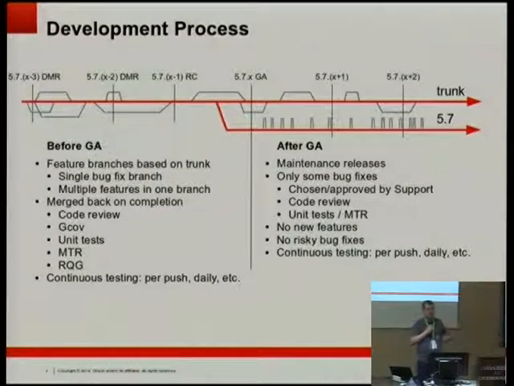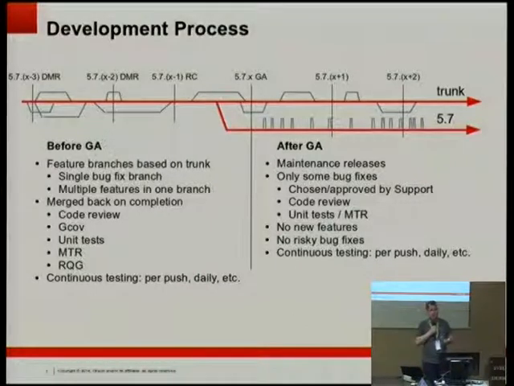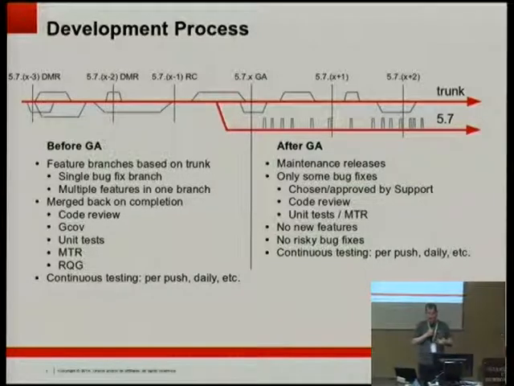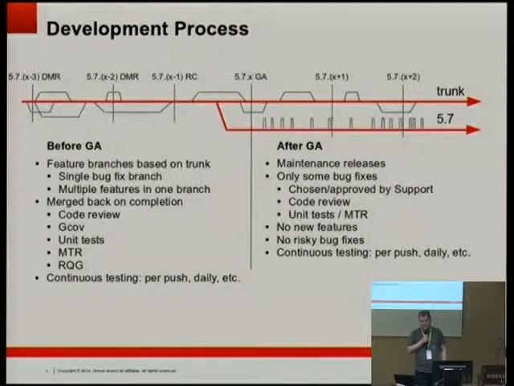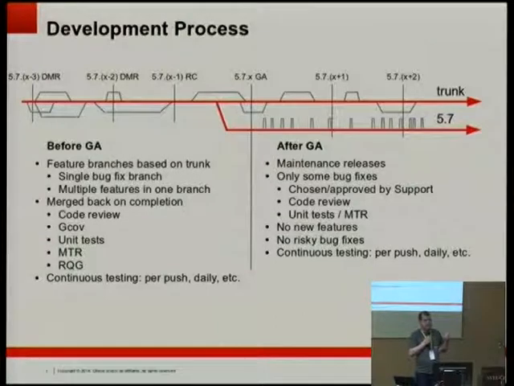And we do all the feature implementation in feature branches. It could be a simple bug fix. It could be multiple features in one branch, depending on what we think is the right granularity of these feature trees. And the important thing is, before we merge these back to trunk, we do a lot of QA. We do a lot of code review. We run gcov to find the code coverage. We add unit tests.